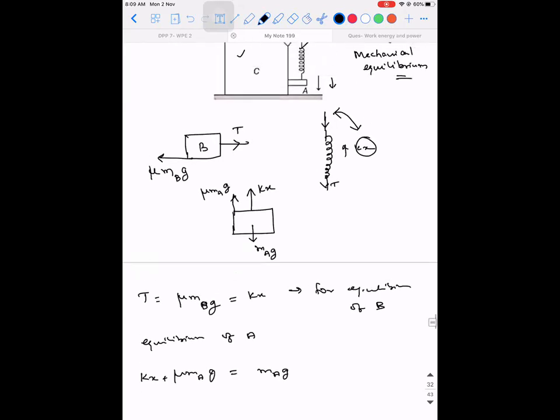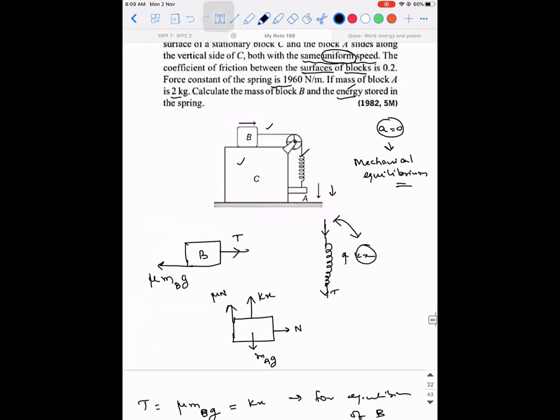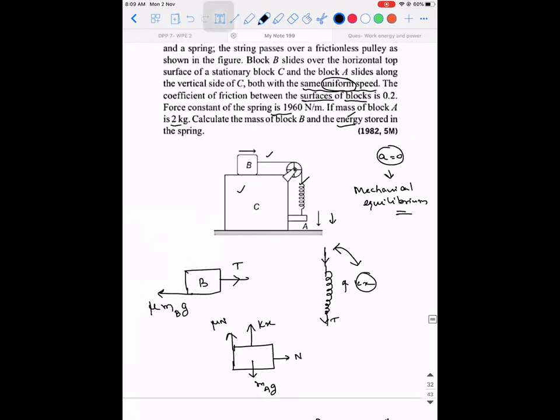Actually, one minute. I made a mistake. It is not mu mA into g. It is actually this normal force. I think there is a mistake in the question because they have given no information related to the force being exerted on this side.